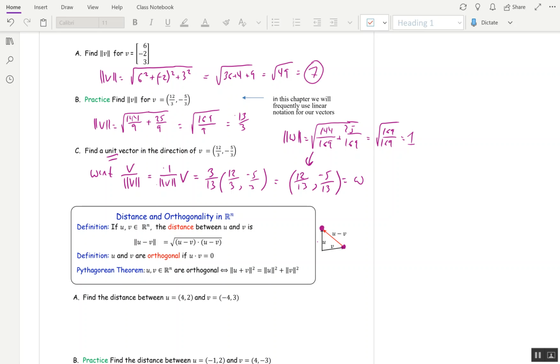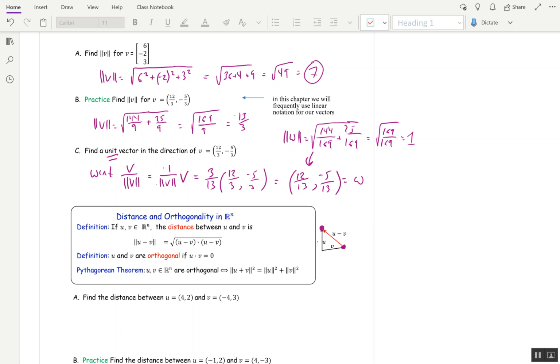What I meant to say was the length of u minus v is the length of this vector, which we're defining as the distance between this point and this point. And we'll do an example in a minute.